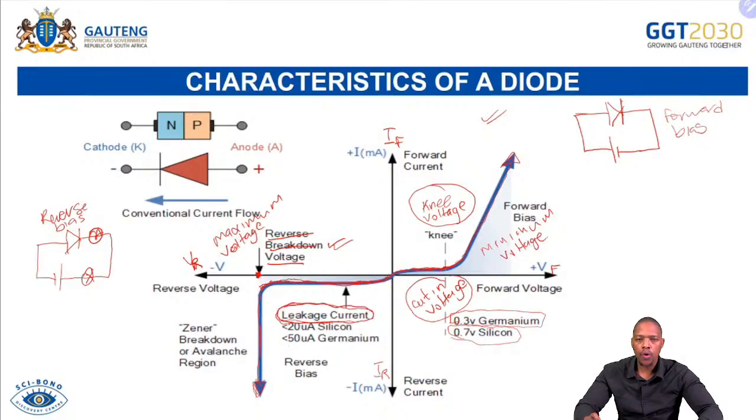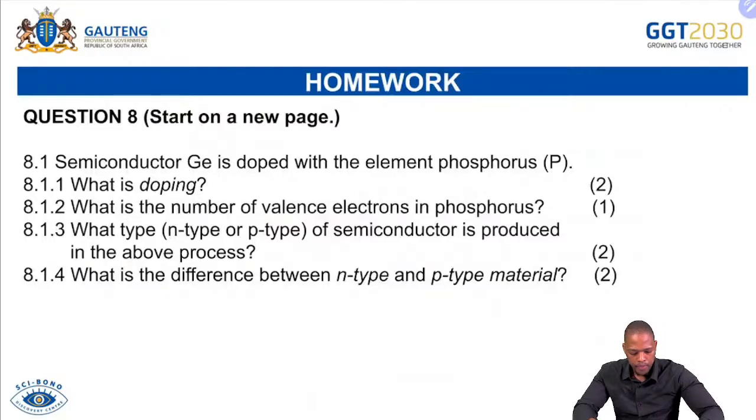All right, so I want you to do this homework, grade 12, question 8 from one of the previous question papers, where you answer the following questions. They should be simple because questions in this chapter are relatively easy to answer.